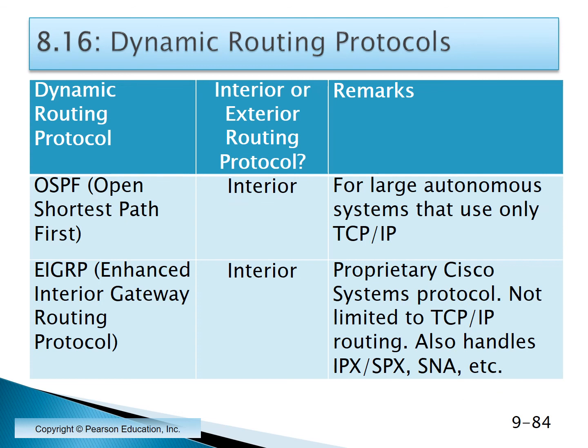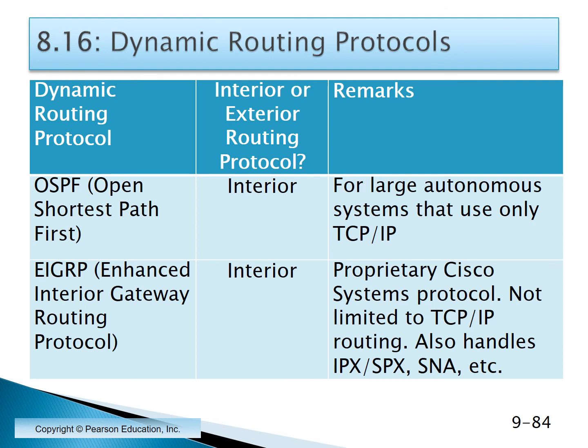So OSPF, the Open Shortest Path First, is good for interior routing protocol exchange. It's for large autonomous systems that use only TCP/IP, so it's used for systems that rely on TCP/IP only. And there is another one called EIGRP, the Enhanced Interior Gateway Routing Protocol.